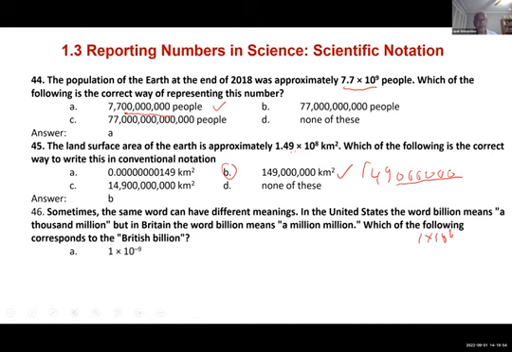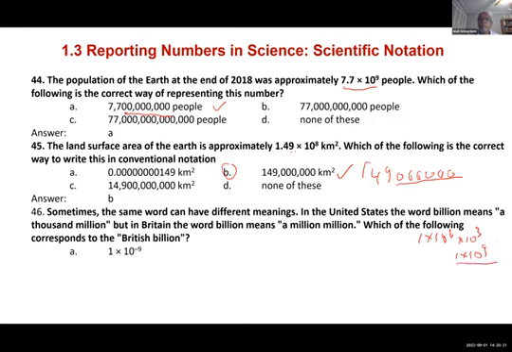Okay, 1,000 million is a billion. Thousand is 10 to the 3. Therefore, in the US, billion means 1 times 10 to the 9.